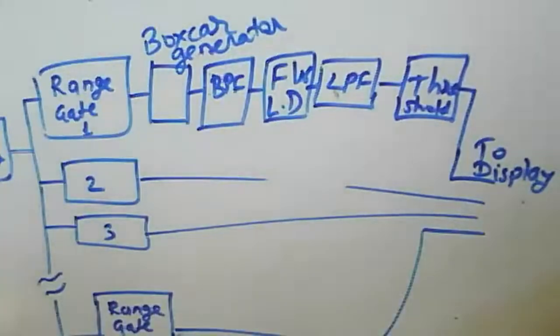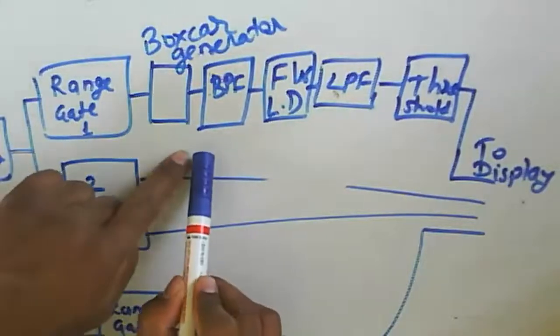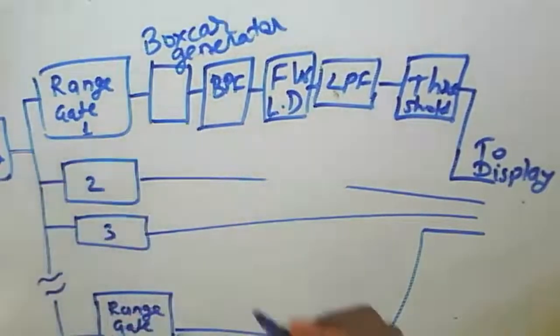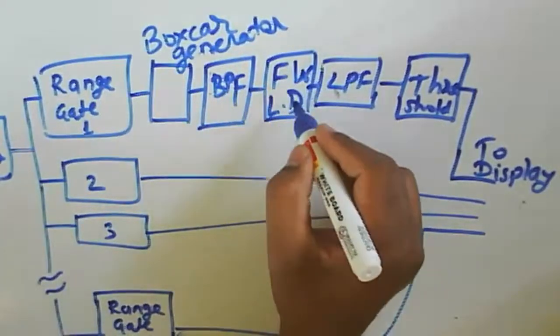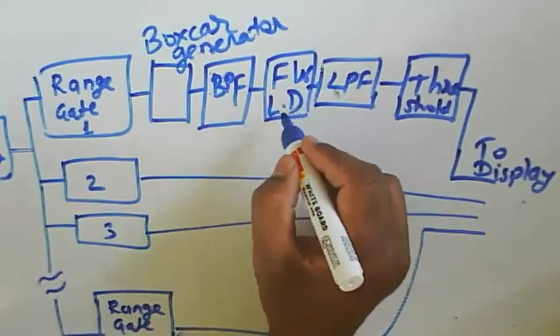This is because the signal from this band pass filter is bipolar. That's why we have a full wave linear detector.